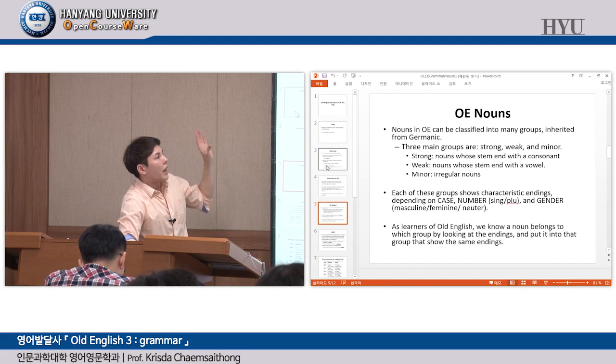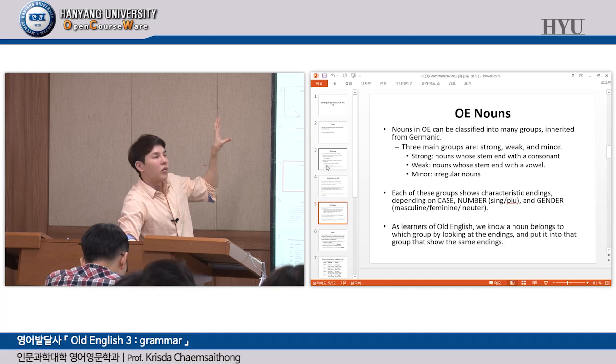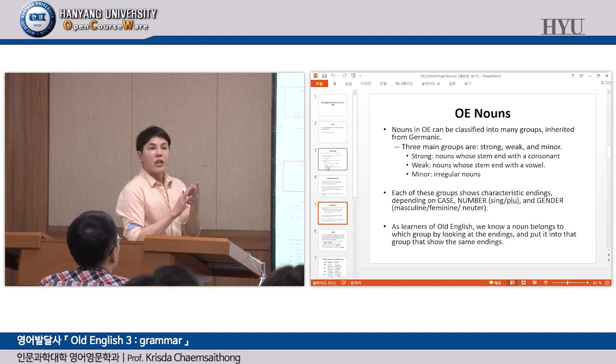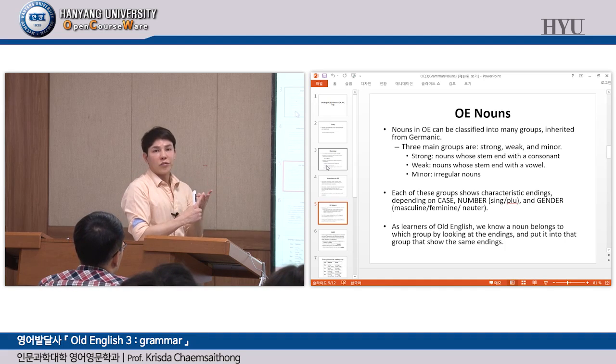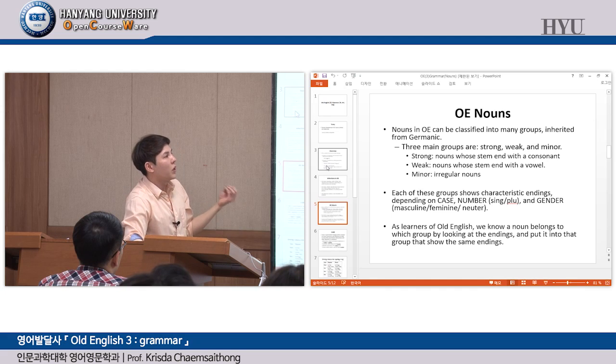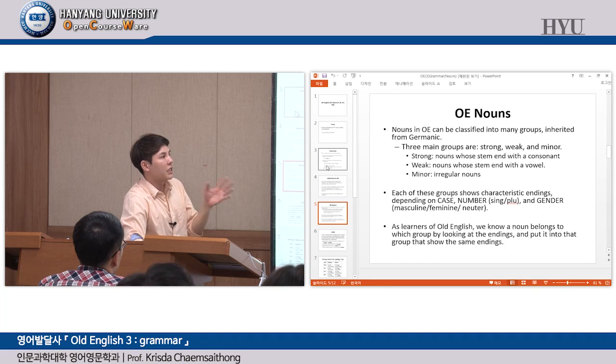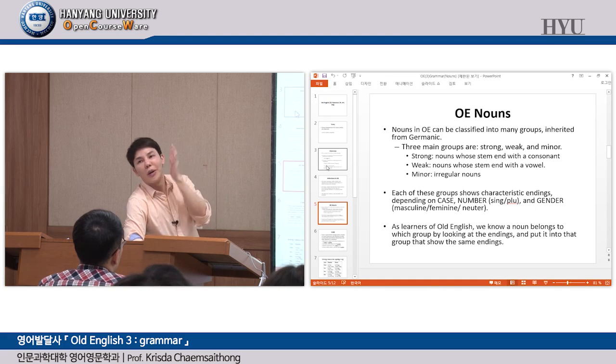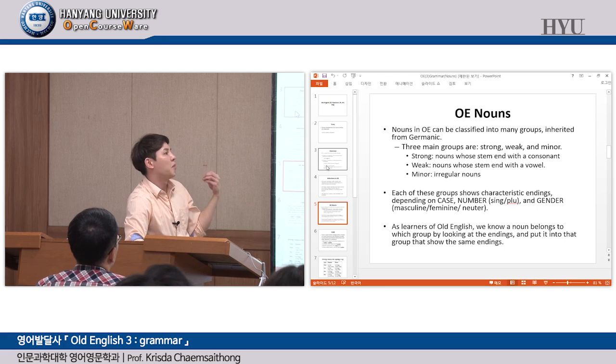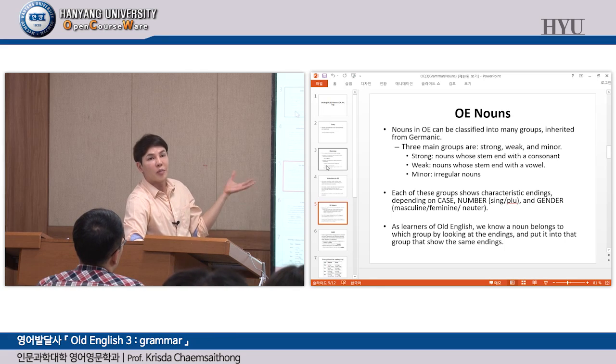Within strong nouns, you have three genders: masculine, feminine, and neuter. Also in weak nouns, you have masculine, feminine, and neuter. And gender here is not natural gender. A word that should be biologically female could be male in grammatical gender.